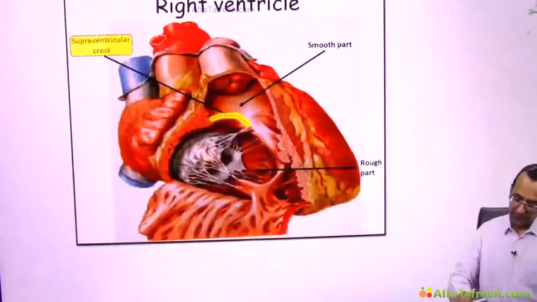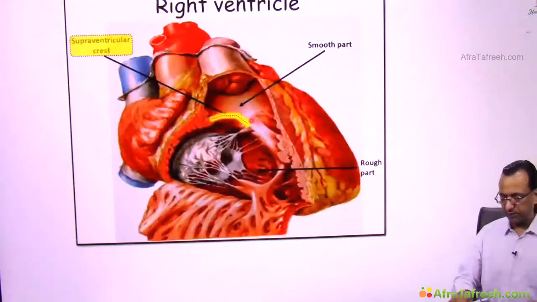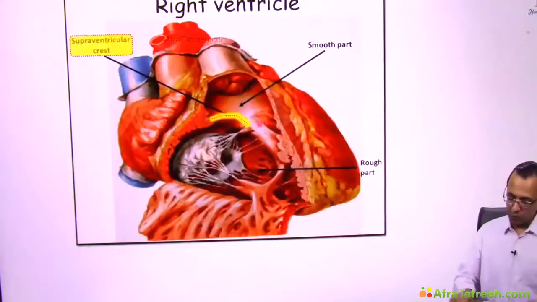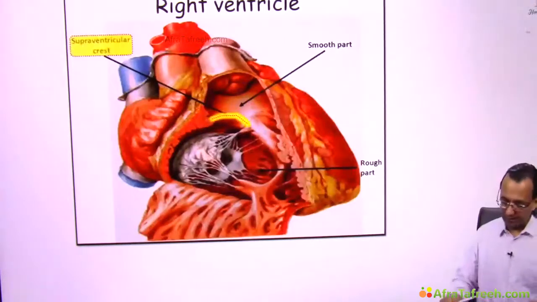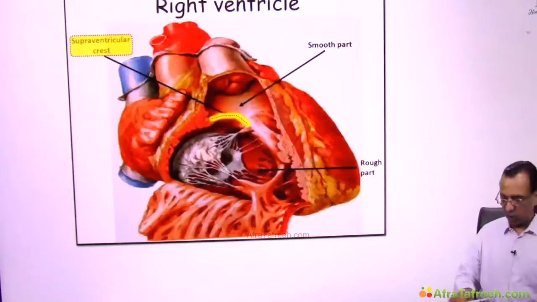See, there is a supraventricular crest which is actually between the inflow and outflow of the right ventricle. And what is the inflow? This is the inflow of the right ventricle, and it is having these pectinate muscles, and it is a rough trabeculated portion.